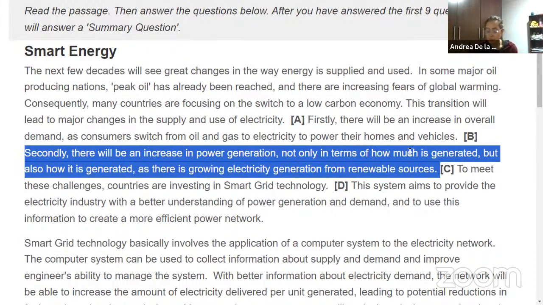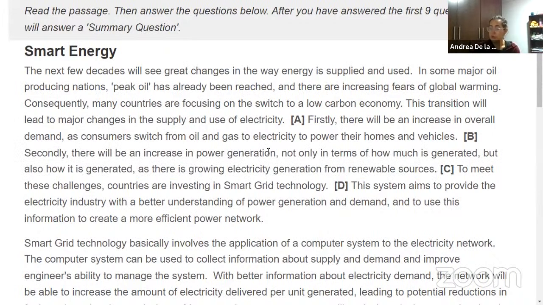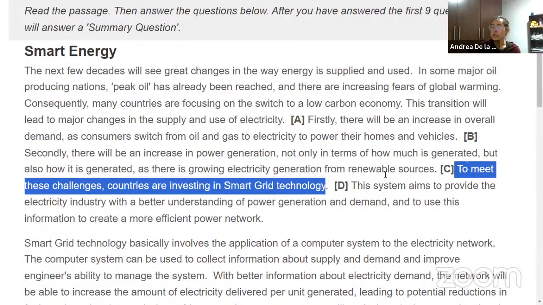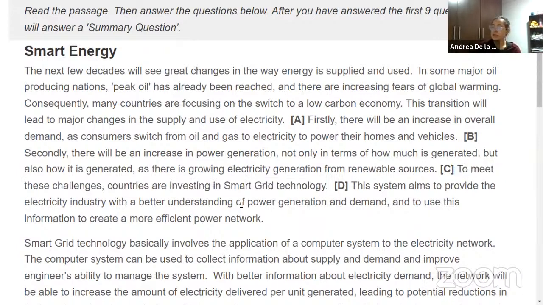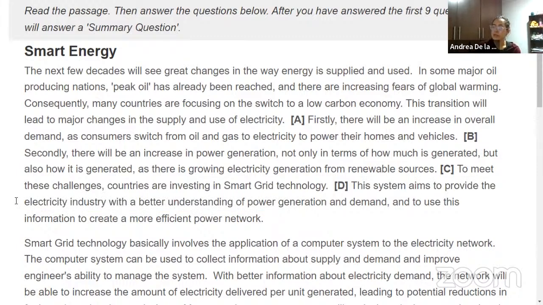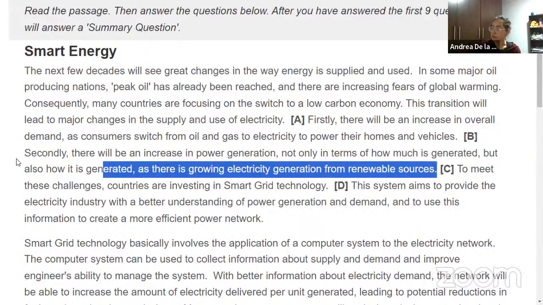This sentence is completely related to generation centers because they talk about power generation and where do you produce power? Where do you generate power? In generation centers. And then they say to meet these challenges, okay? And so this is not related. They talk about challenges. And then they talk about providing the electricity industry with a better understanding of things. So I guess it does have to be close to this sentence here.